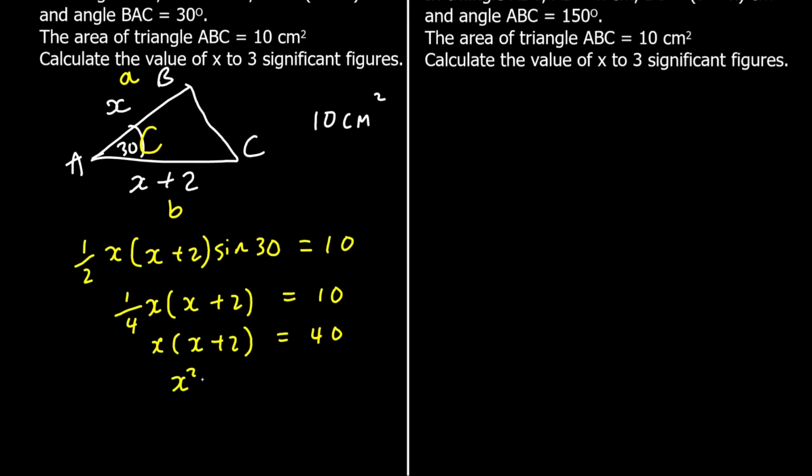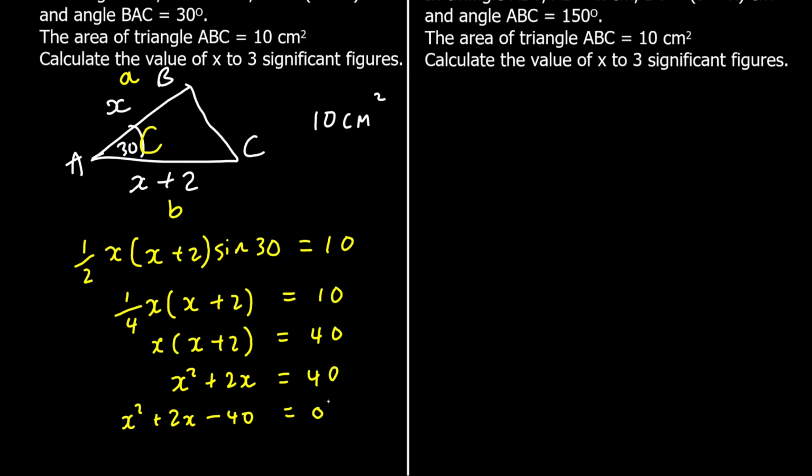Expand the bracket. x squared plus 2x equals 40. Take 40 away from both sides. We're solving a quadratic, making it equal to 0. The value of x is going to be to 3 significant figures, so we know we can't factorize it.